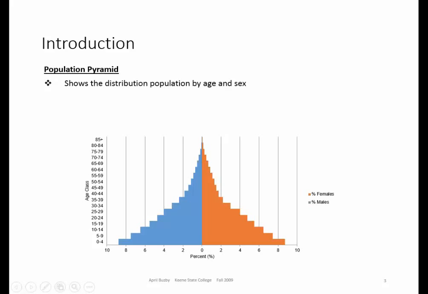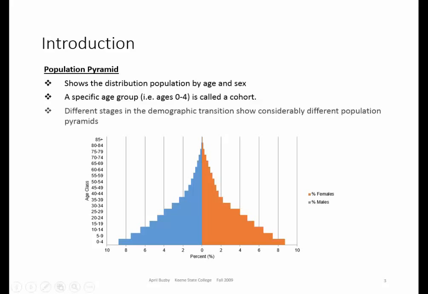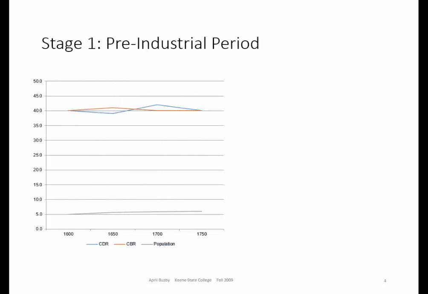And so it shows the distribution of population by age and sex. Age-specific groups are called cohorts. Different stages in the demographic transition show considerably different population pyramids.